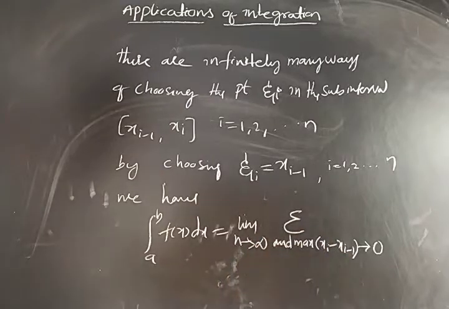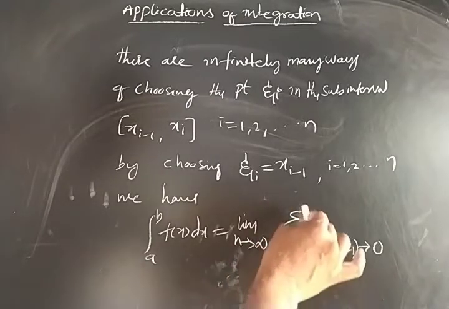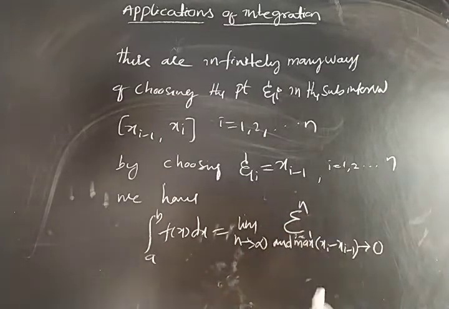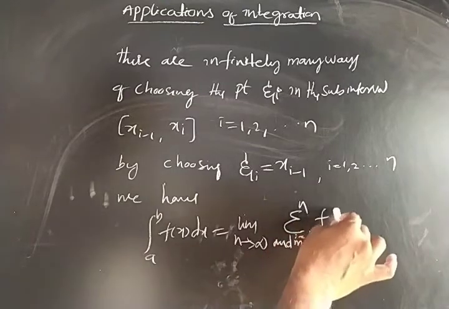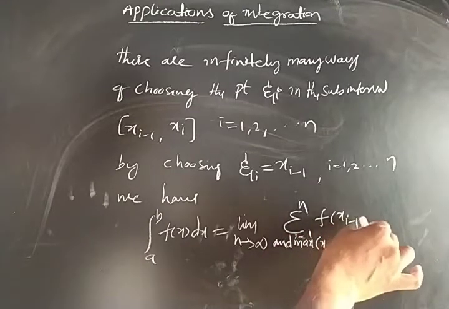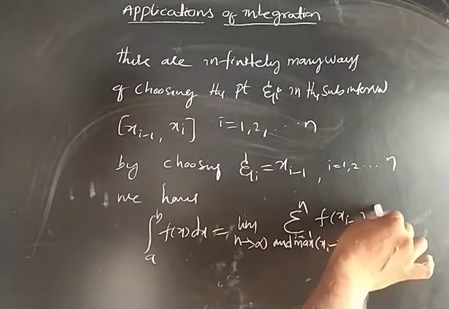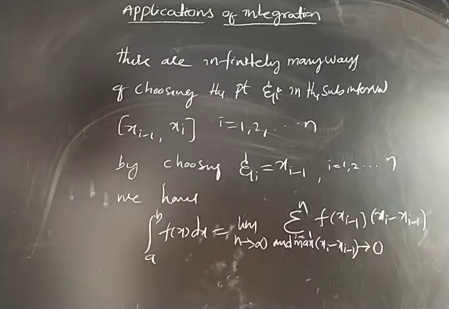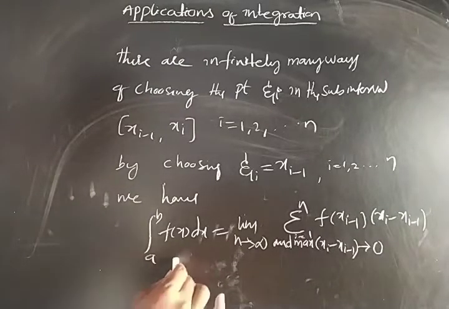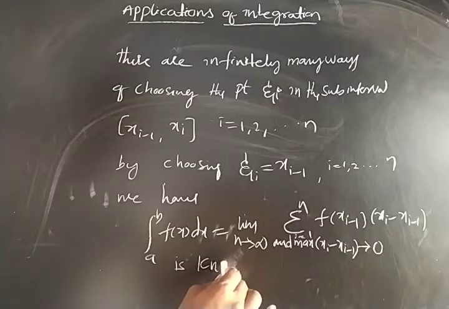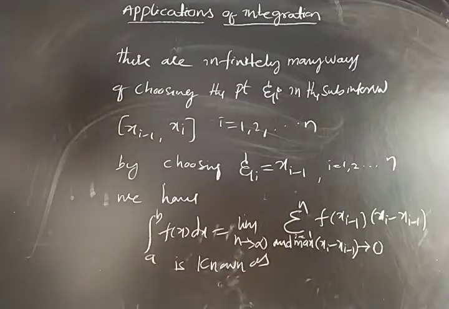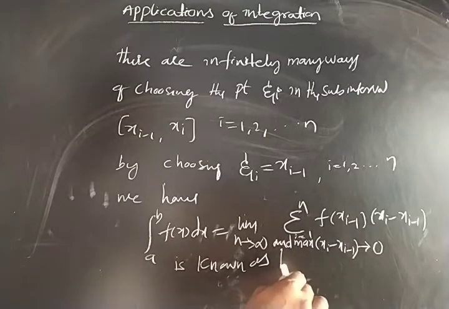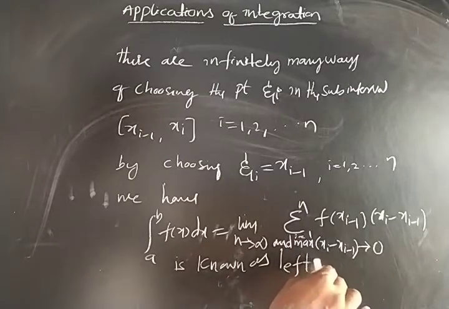Summation i equal to 1 to n of f of x i minus 1, in place of zeta i selected x i minus 1, into x i minus x i minus 1, which is known as the left hand rule.